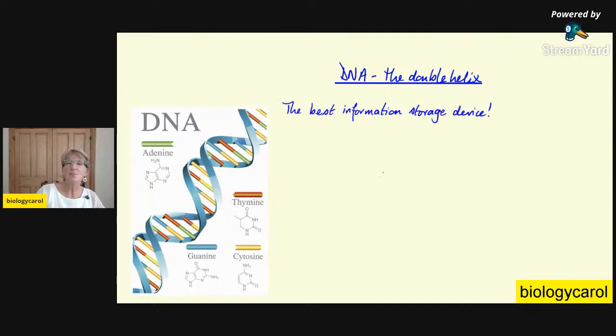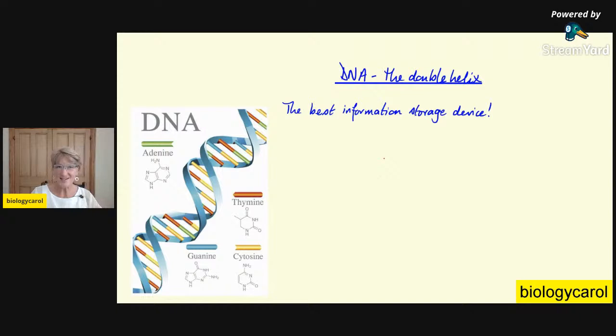DNA is the most remarkable molecule. It is the best information storage device. If you consider nowadays that we store our information in digital format as a series of noughts and ones, everything from music to photographs to videos, everything is stored as noughts and ones.